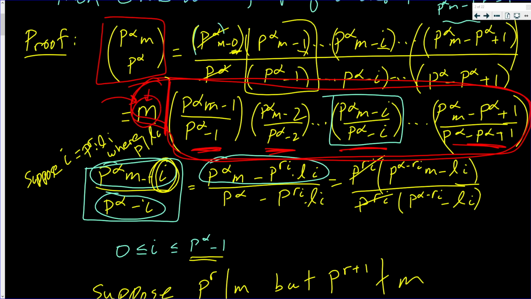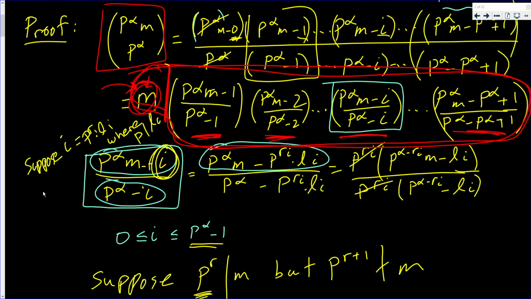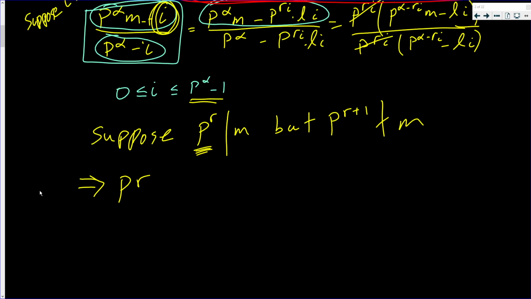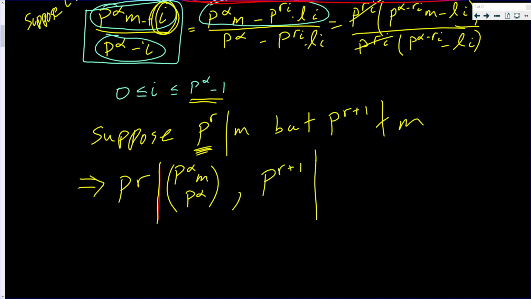So the only way p is going to divide that long product is if and only if p divides m. And that's p to the r. P to the r is the largest power of p that divides p to the qm choose p to the q, but p to the r plus 1 does not.